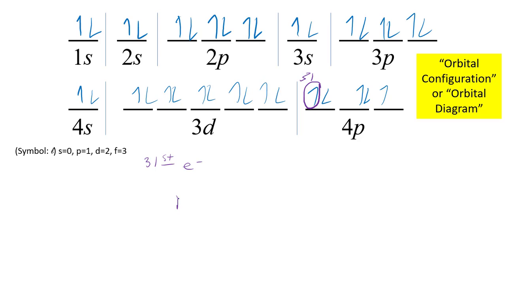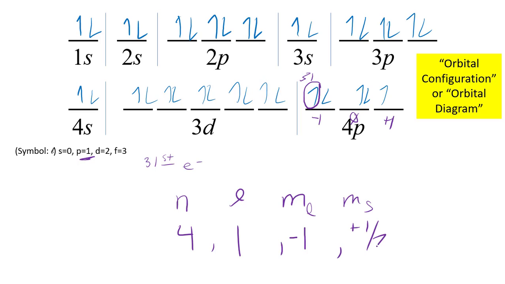What are its quantum numbers? n, l, m sub l, and m sub s. So your n is 4, your l, p, is 1. So m sub l goes from -1 to +1. So it's -1, and my spin is +1/2. And those are my quantum numbers.